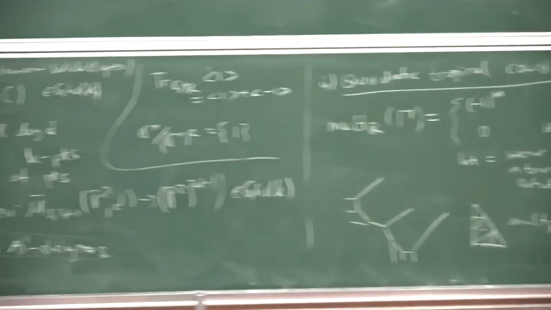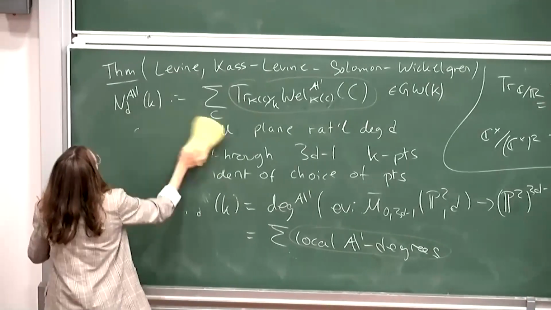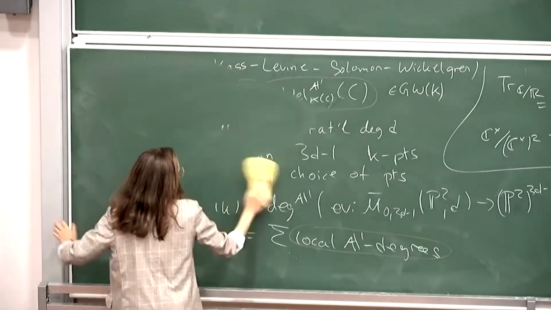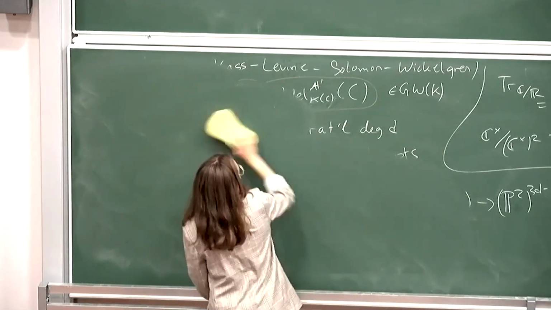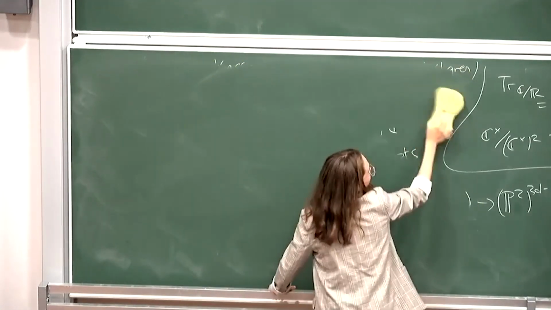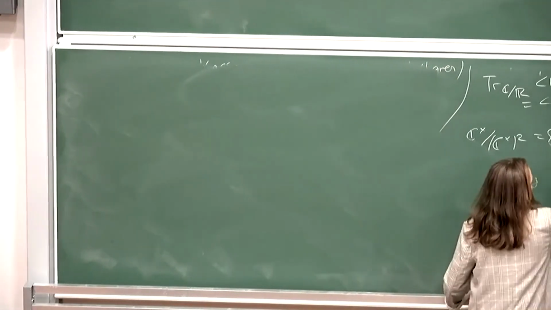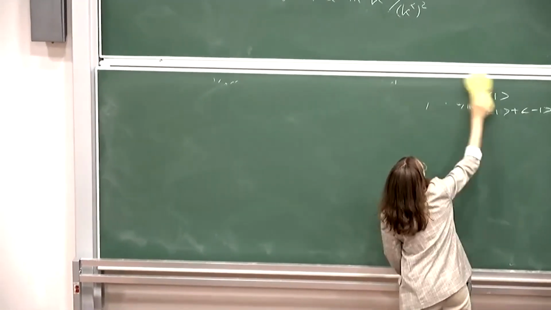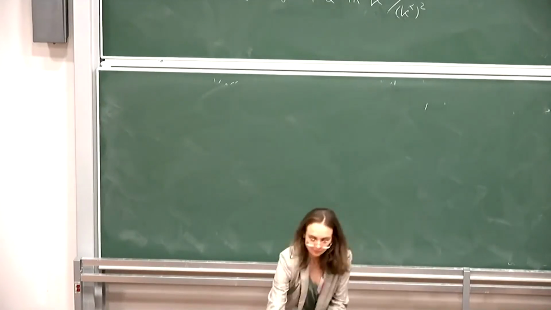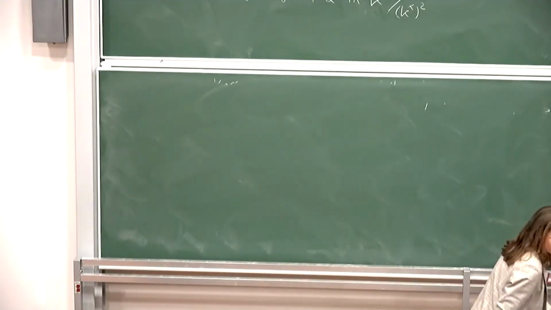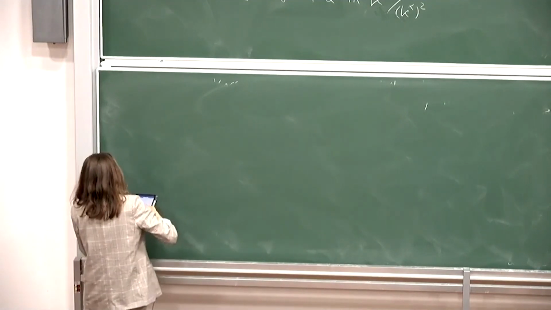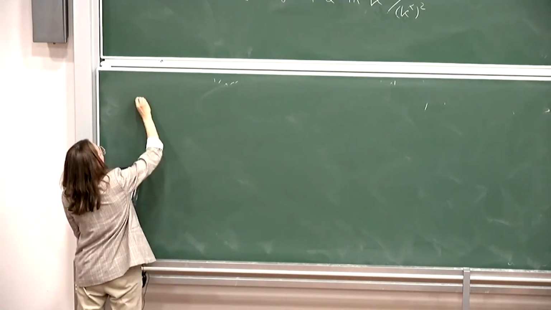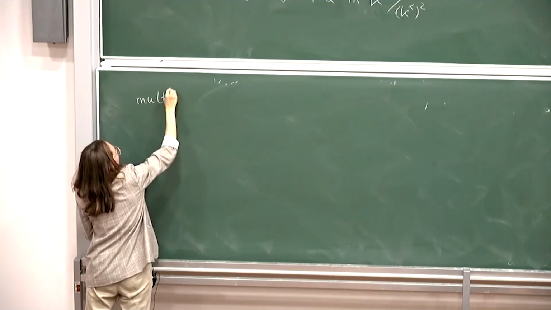Okay. Then, can I erase this? Is that okay? Now I want to tell you what the quadratic multiplicity should be. So let's decorate it with an A1.